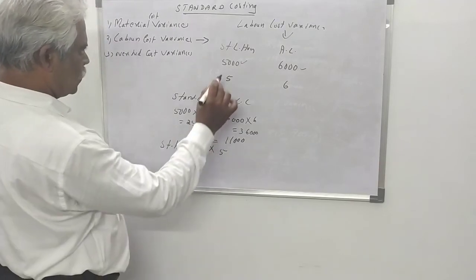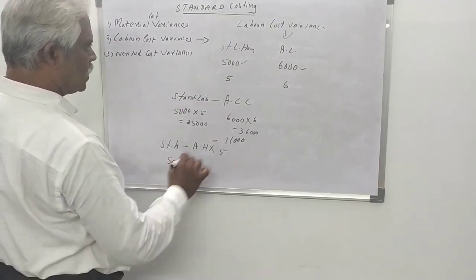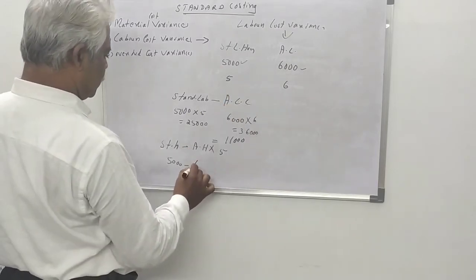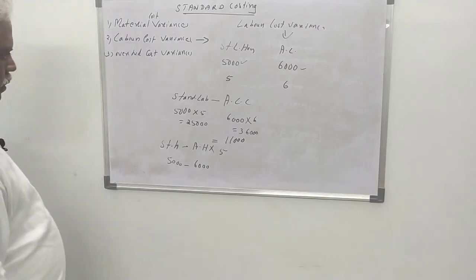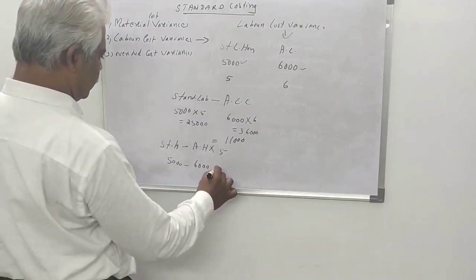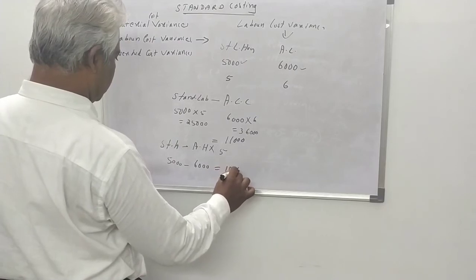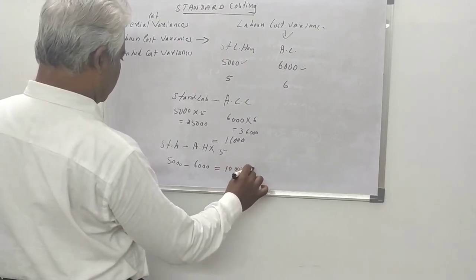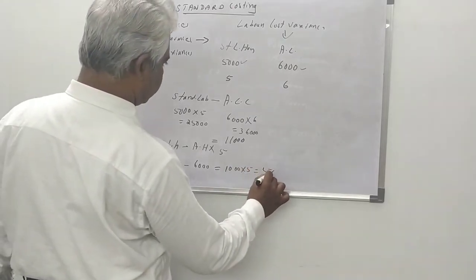Here, 5,000 standard hours minus 6,000 actual hours is equal to 1,000, into 5, that comes to 5,000.